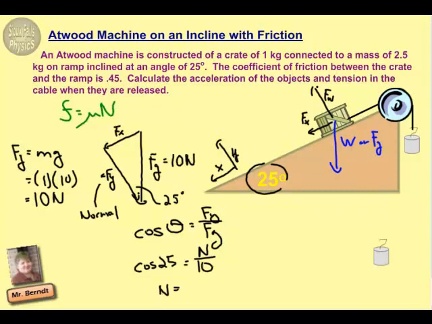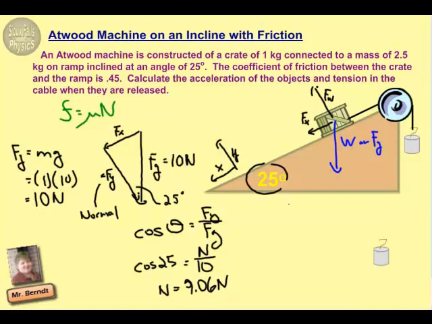And when we solve for that, my normal, I'm using N for normal, ends up being 9.06 newtons.